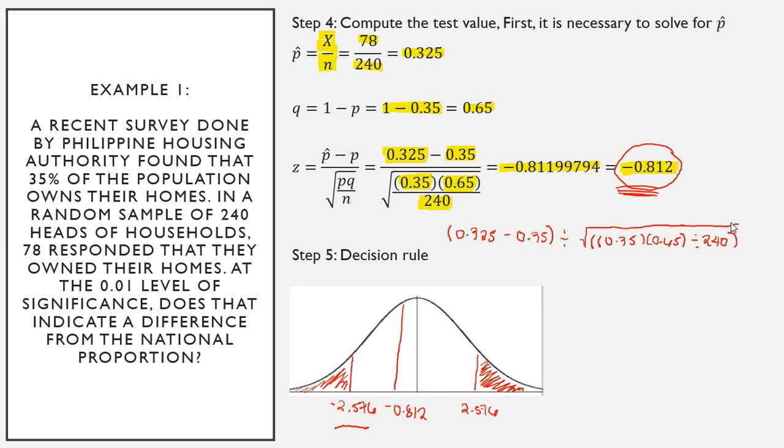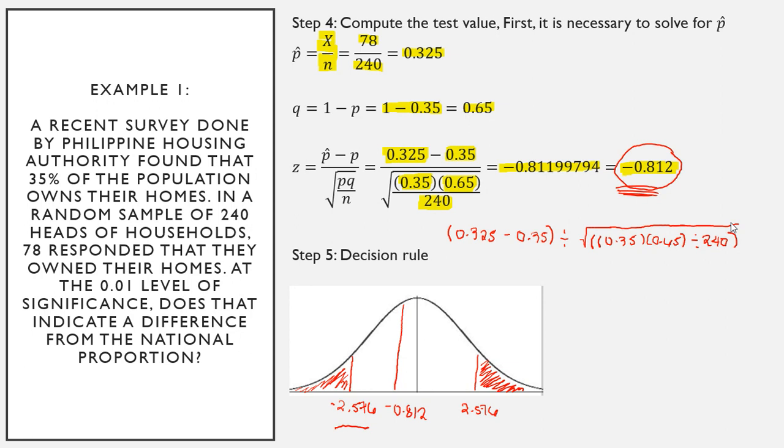On my calculator, the result I got is negative 0.81, because my calculator is rounded off to 2 decimal places.